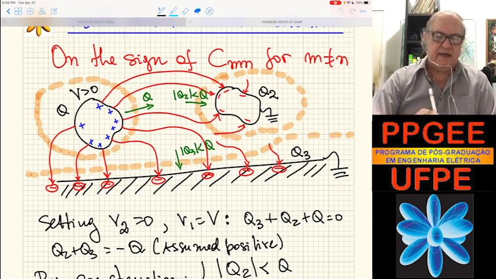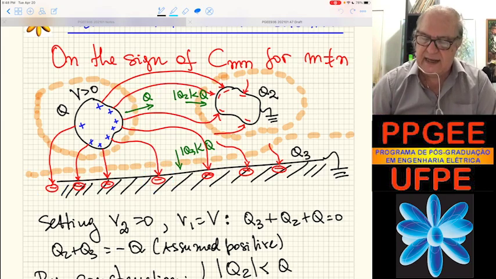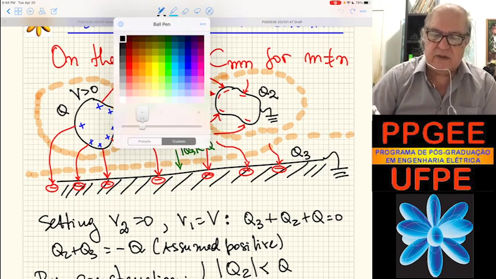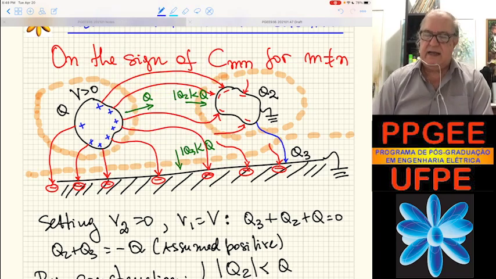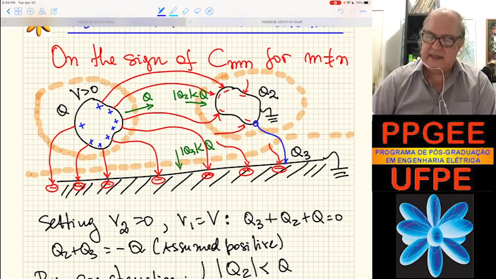As the lines terminate on these grounded electrodes, notice that I cannot have a line that comes from here to end here, because this is at zero potential and this is at zero potential.